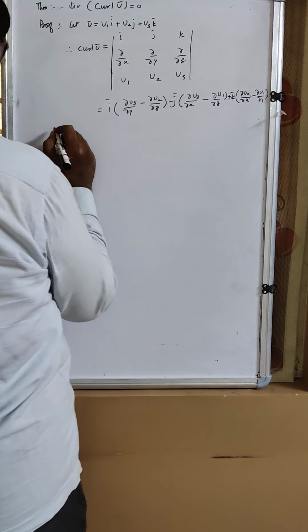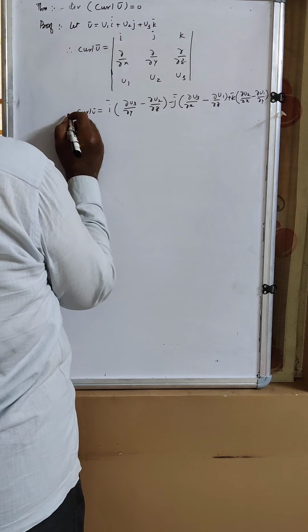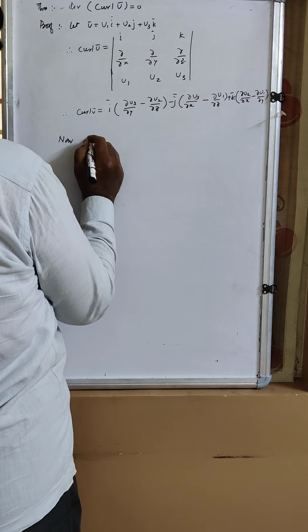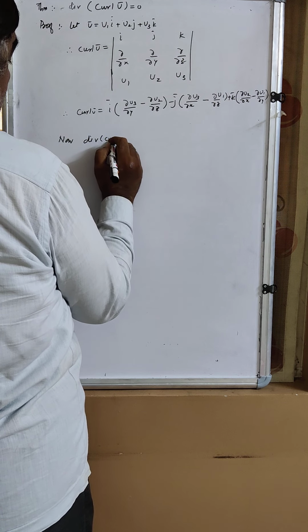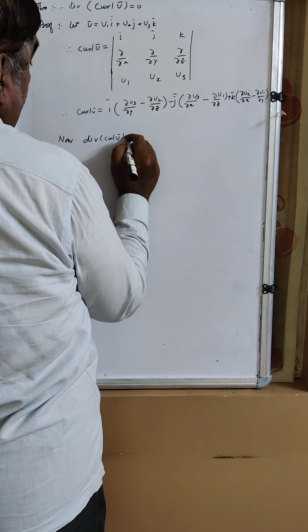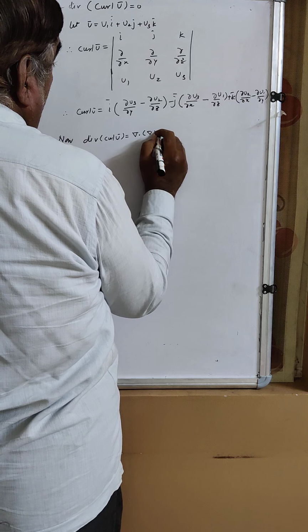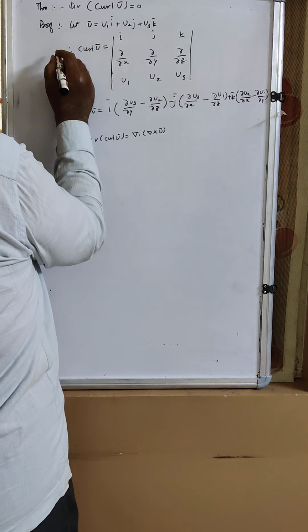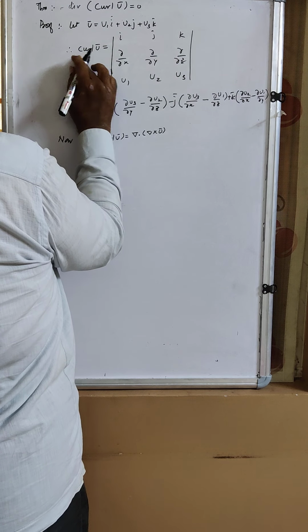now therefore, the divergence of the curl of u vector, that is del dot del cross u vector. This is del cross u vector, curl of u vector.